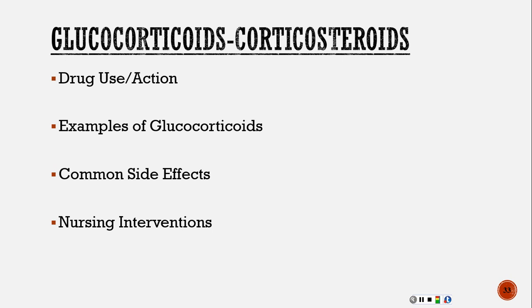Also, what else can it do? If I say glucocorticoid, hyperglycemia. So if a patient's already at risk for high blood sugar, if they're diabetic, or they've had a history of hyperglycemia with glucocorticoid administration, you need to keep an eye on that.